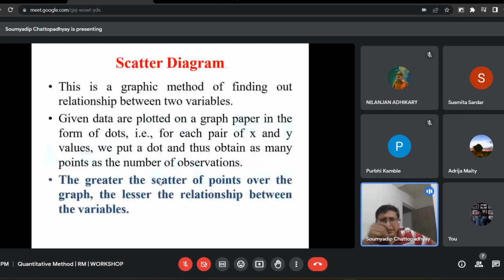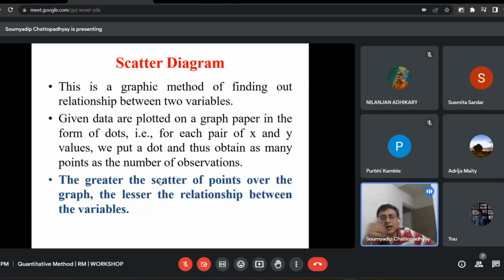Scatter diagrams are a very simple thing. It is the graphical method of finding out the relationship between two variables. Suppose you have data on x and data on y. Corresponding to each observation or each individual, you have data on both x and y.